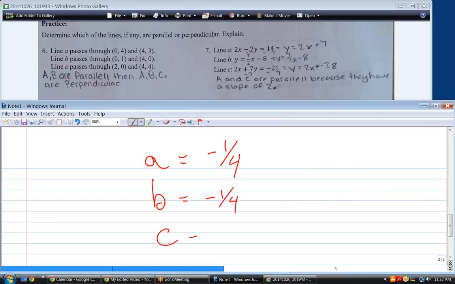And what's the slope of C? So C would be negative 4 over negative 2. Okay, that's a perfectly good way to do it.